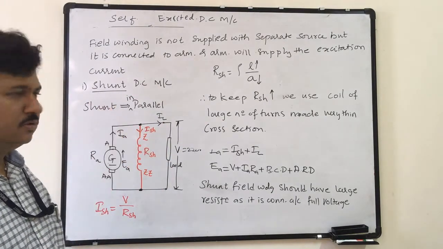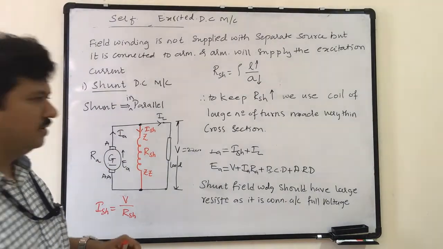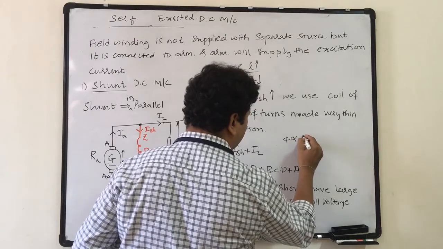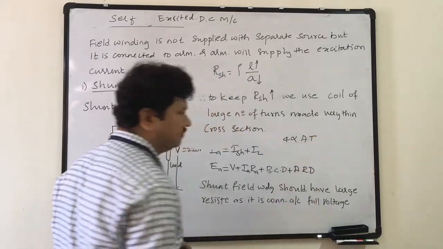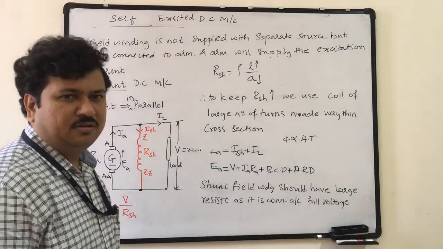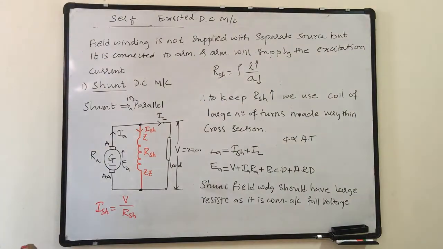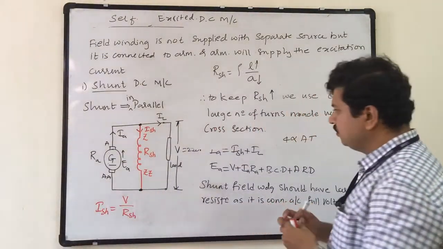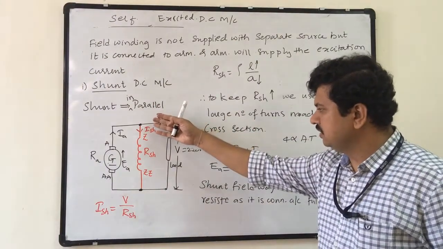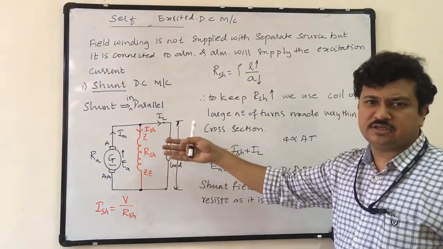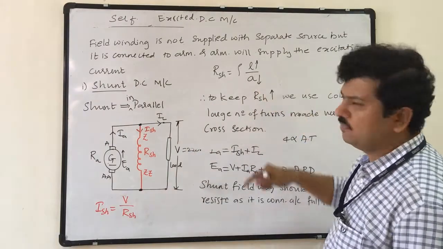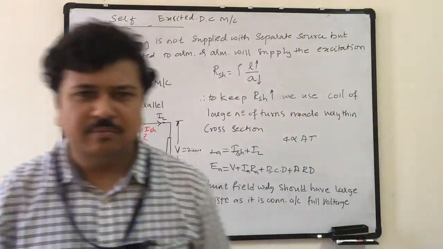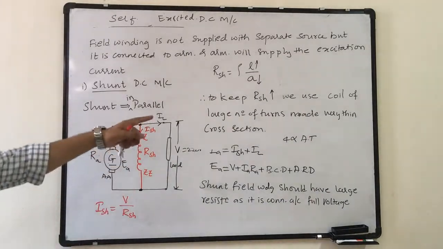Please remember the flux phi is always proportional to ampere turns. So here I have to keep the field coil at a very large resistance value, so I have to increase the length. How shall I increase the length? By keeping more number of turns.